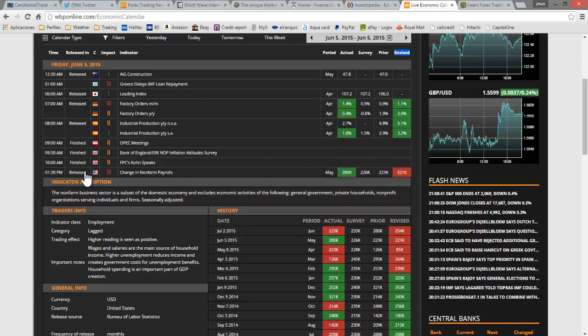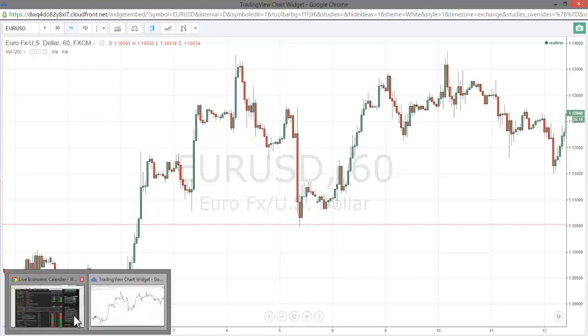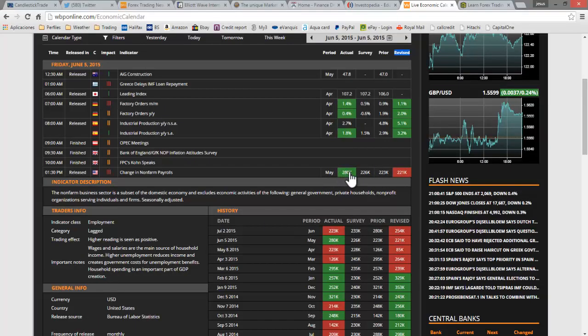And at 1:30 p.m. London time, the euro dollar plummeted, and it plummeted, as you can see here, all the way from 112.29 down to 110.54. Yes, we made some money because we looked at the news as soon as it got published, and it showed up like that.